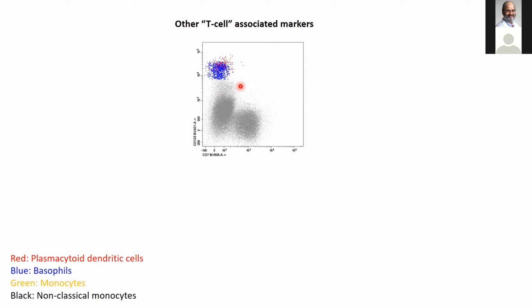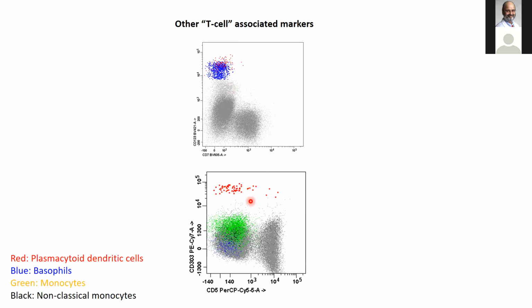They're not going to ever be a big population. So if you see a really expanded population of plasmacytoid dendritic cells expressing CD7, that's going to clue you off that there's a good chance you're dealing with a blastic plasmacytoid dendritic cell neoplasm. But just keep in mind that if you see a small subset, that does not mean that it has to be neoplastic.